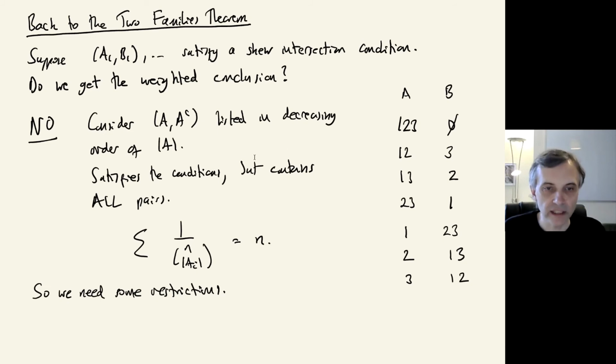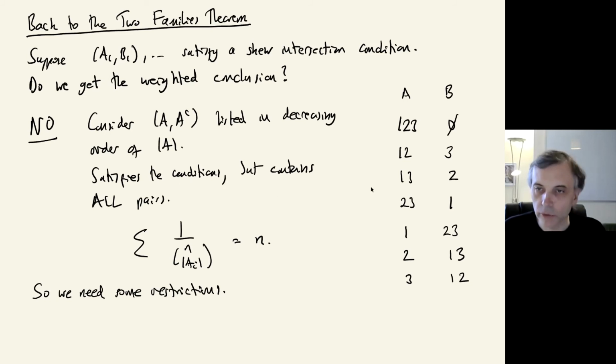So here's the standard example. You consider all pairs A and A complement, and you list them in decreasing order of the size of A. If n was 3, I take 1, 2, 3, then 1, 2, 1, 3, 2, 3 in any order, and I should take the empty set and 1, 2, 3 at the end, which I missed out.